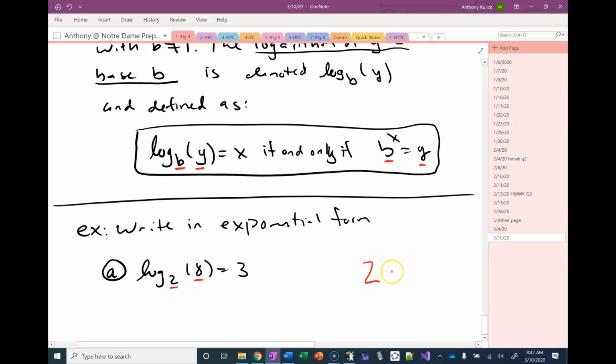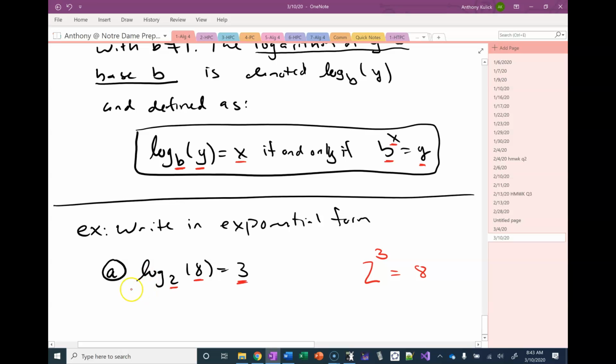That's going to be the solution to this exponential equation. The answer to this logarithmic equation is going to be the exponent in my exponential equation. So let me ask you, is 2 to the third equal to 8? Does that make sense? Yeah, that's true, right? So that also means log base 2 of 8 is 3.